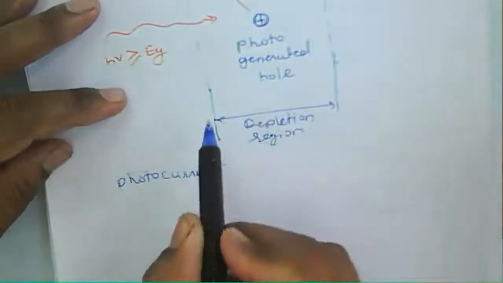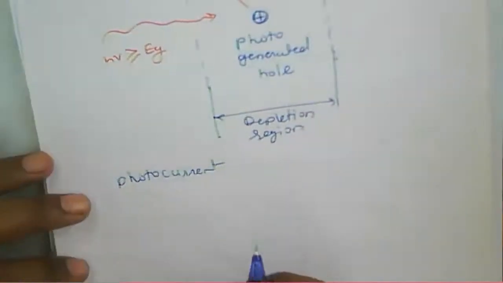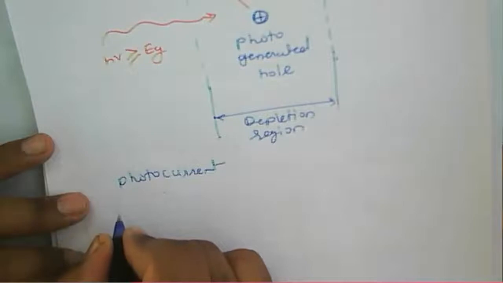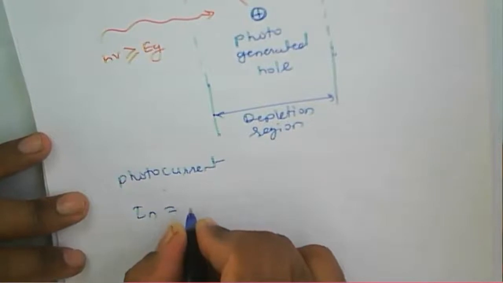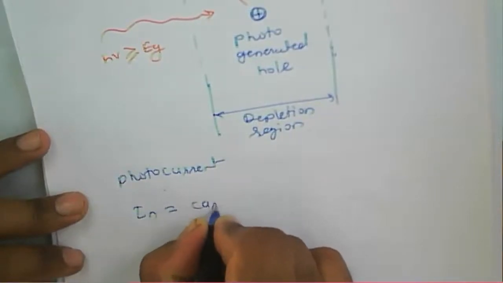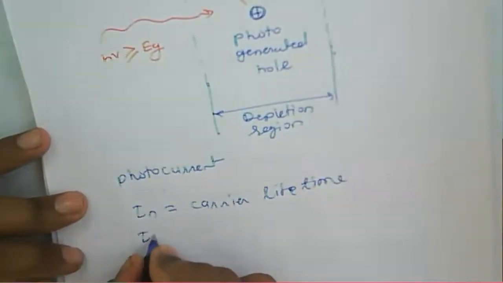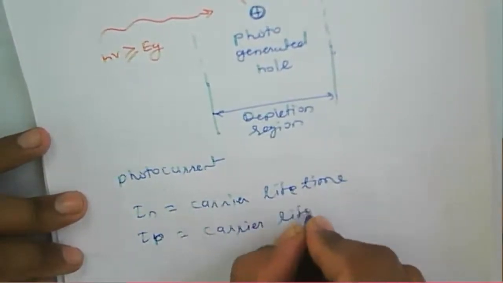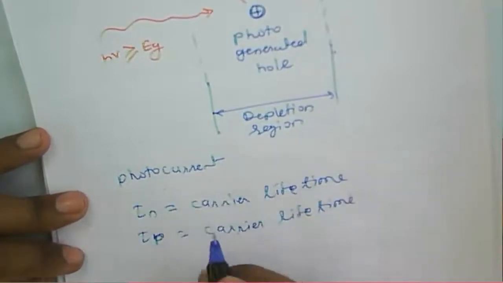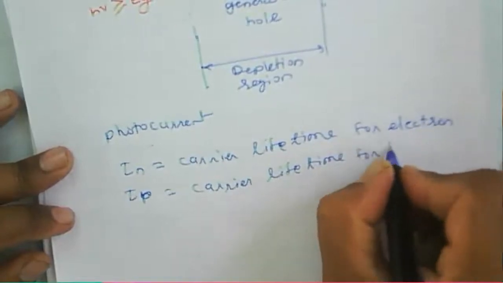So we can calculate the time it takes for an electron or a hole to recombine, and that particular time is called the carrier lifetime. So we can calculate a carrier lifetime for the electron, and a carrier lifetime for the hole.